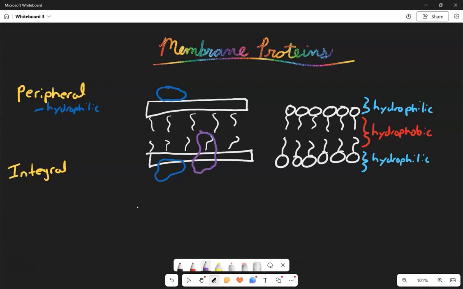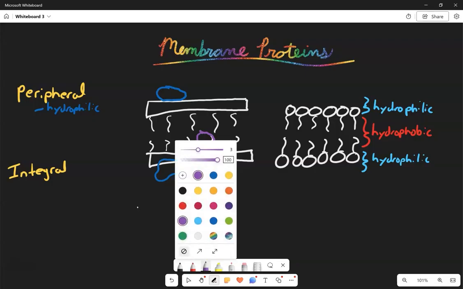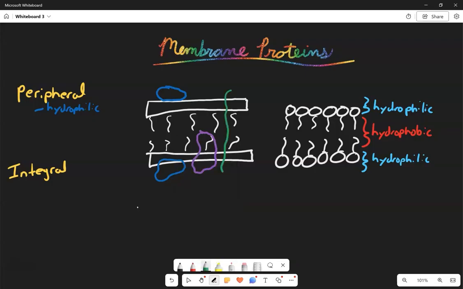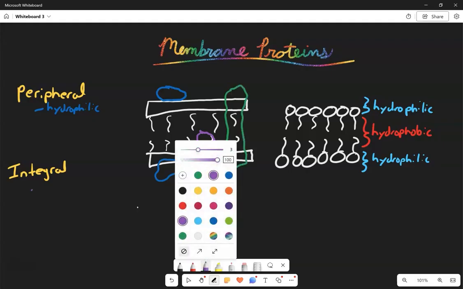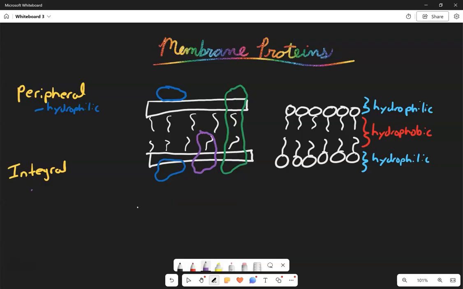Or we can have one that spans the entire membrane, like so. Right? So in purple, we consider this an integral protein, right? This is just an integral protein, and it has a hydrophilic region, and it has a hydrophobic region.